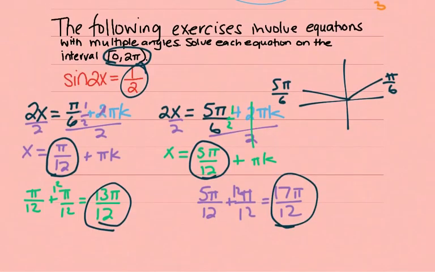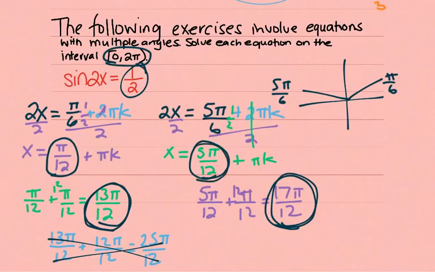Now if I kept going, if I had taken 13 pi over 12 and added 12 pi over 12, because that's another pi, I get 25 pi over 12. Is that less than 2 pi? No, so I'm done. But I did add 2 solutions on to my initial answers.